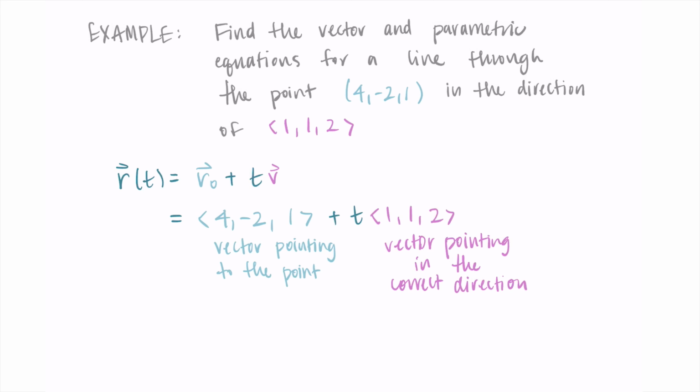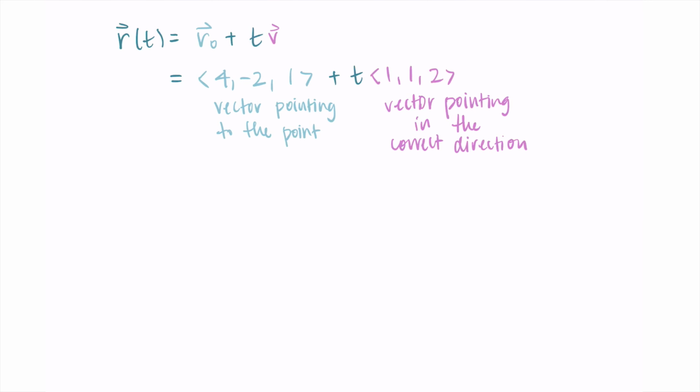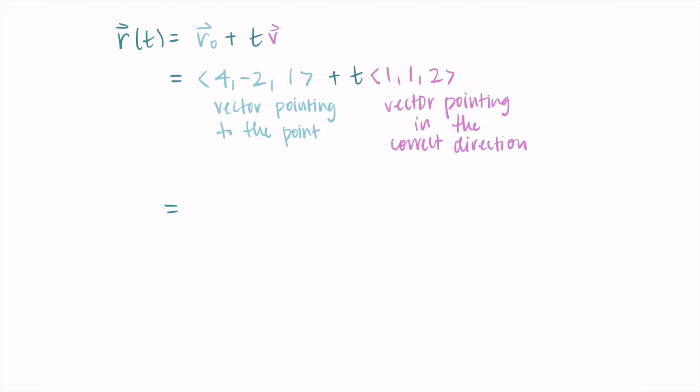All right, so we've basically done the vector equation now. I just like to put them all together into one vector, although you really could just leave it like this. But if we wanted to go one step further, we would combine everything into one vector. So I have 4 plus t, that's 1 times t. And then my second component, -2 plus t times 1, so plus t.